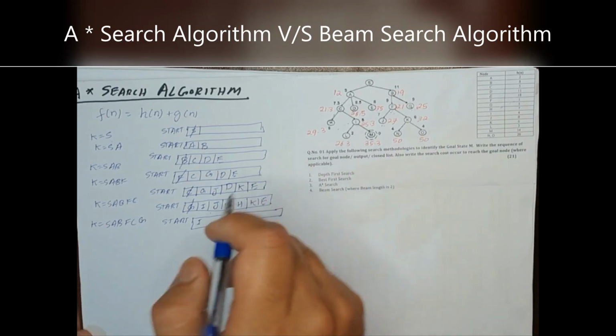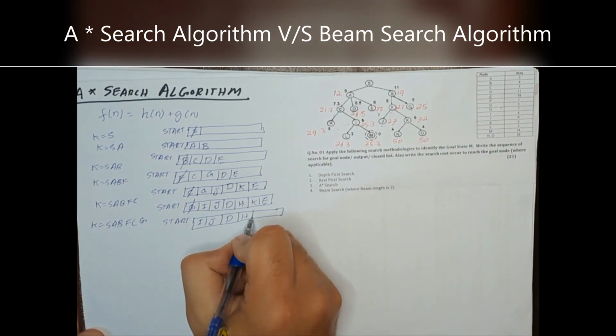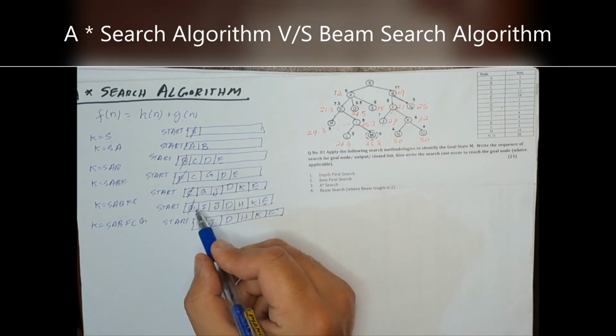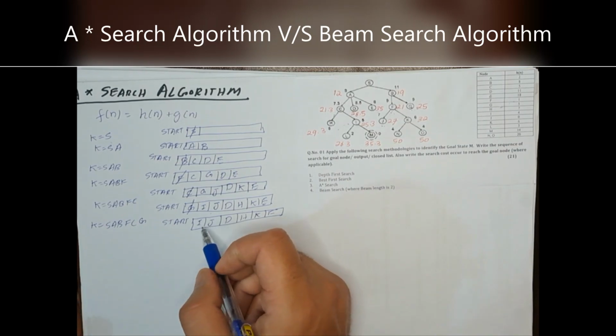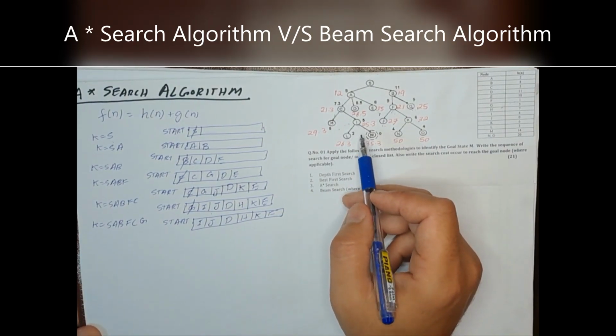No, so it will be the same: I, J, D, H, K and E, because J doesn't have any successor. After J we have I. Does I have a successor? Yes, I has successors.